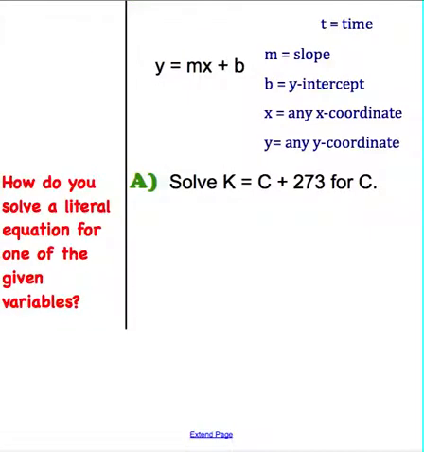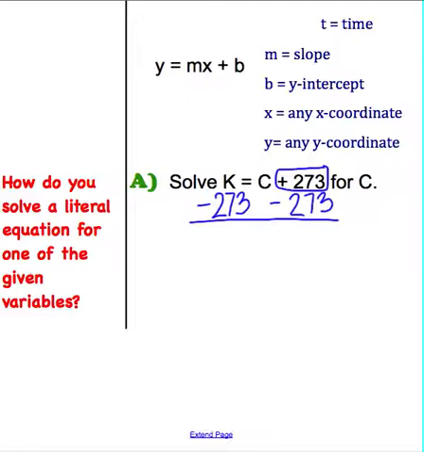So what I would actually do here is pretend like I have a value for K and we need to solve it for C. Well, to undo and get C by itself, I need to get rid of this plus 273. So to do that, I'm going to subtract 273 from both sides.